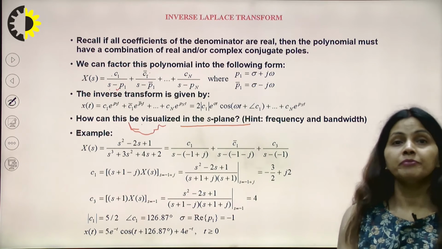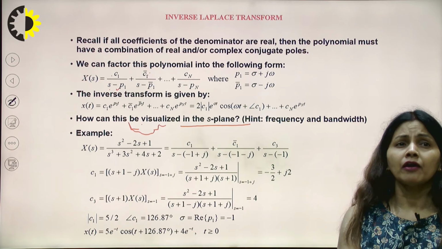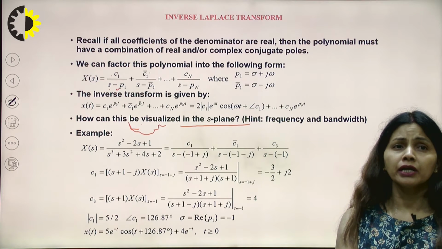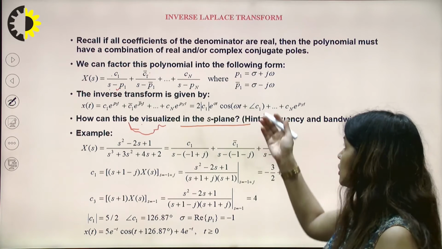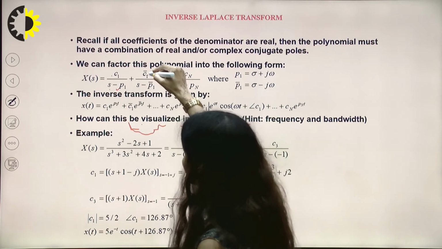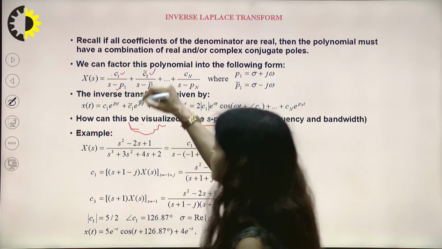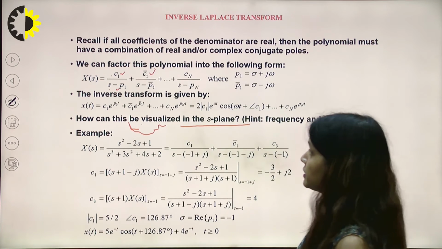And here we can represent as 2 mod of C1 e raised to the power sigma t cos(omega t plus angle of C1), and so on, and the normal term will be written like this. Since C1 is occurring in its complex conjugate pair, how to visualize this?